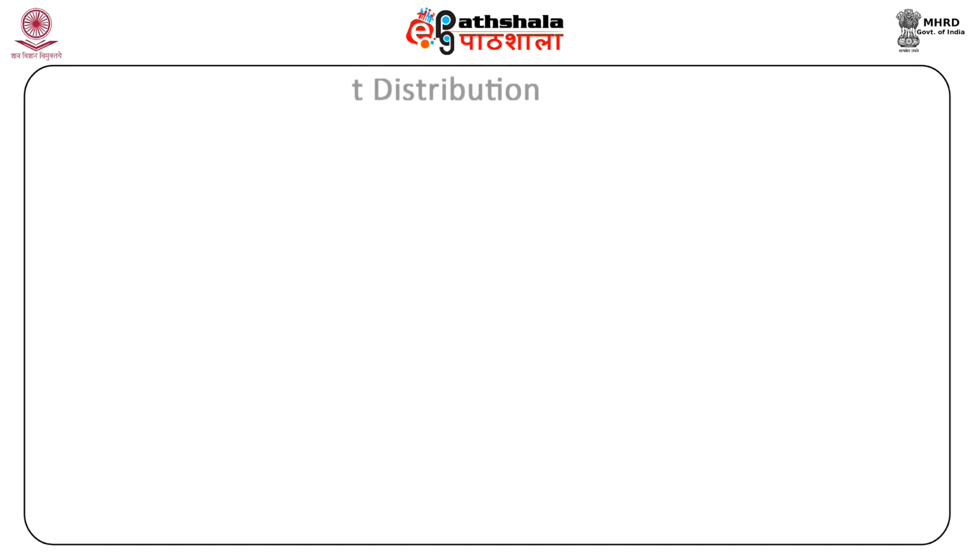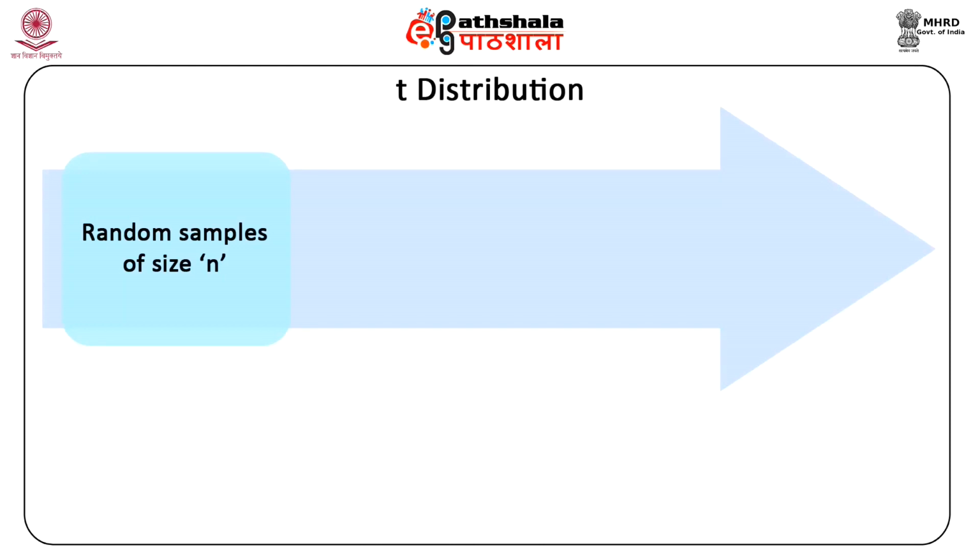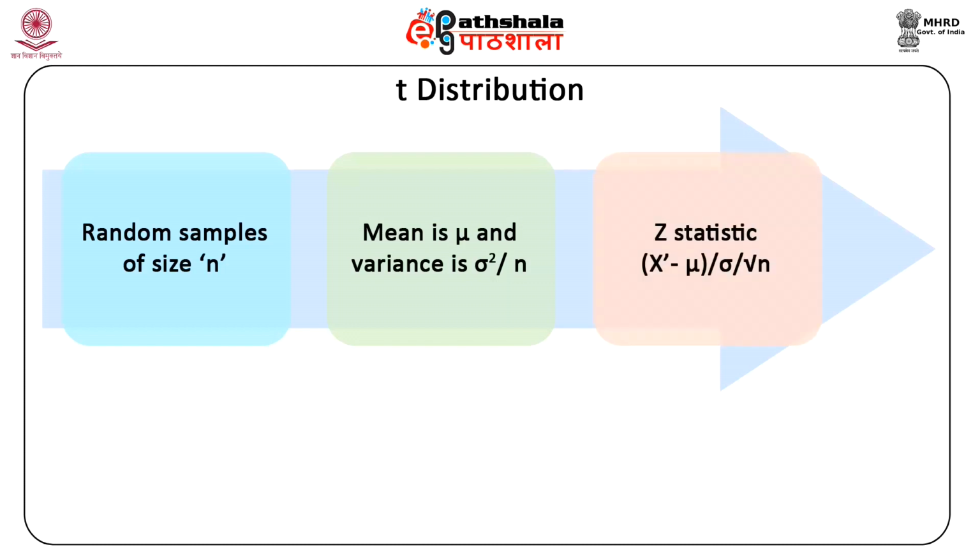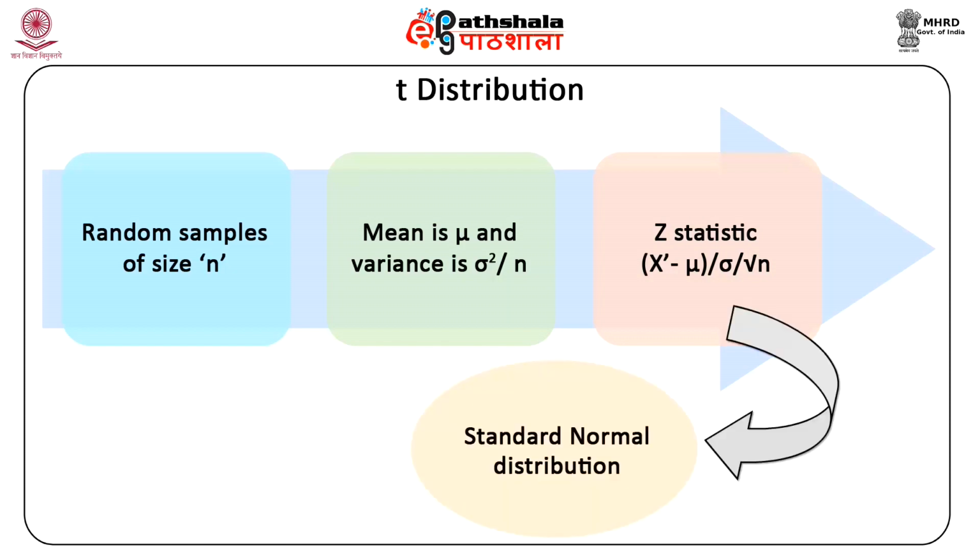It has already been discussed that for a random sample of size n taken from a normal population with population mean equal to mu and variance equal to sigma square, the random variable x prime has a normal distribution with mean mu and variance sigma square upon n. Or we can say that the z statistic, x prime minus mu slash sigma slash under root n, has standard normal distribution.